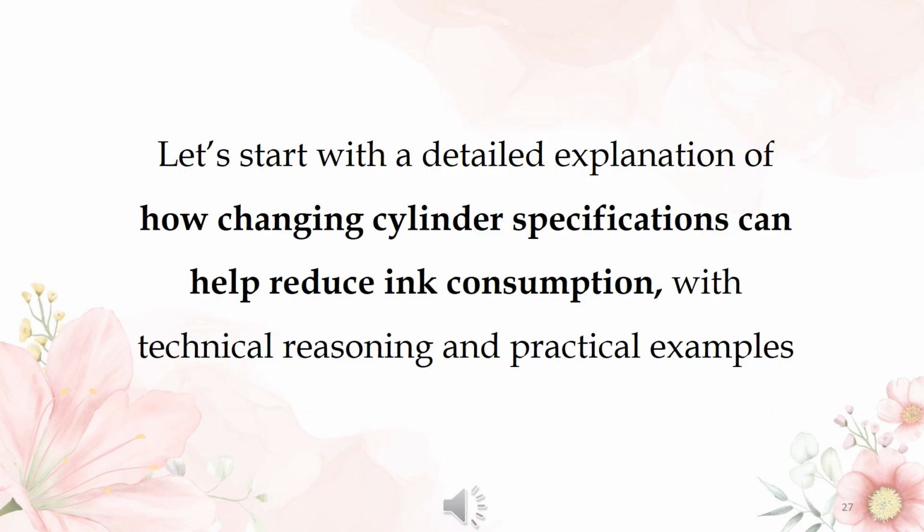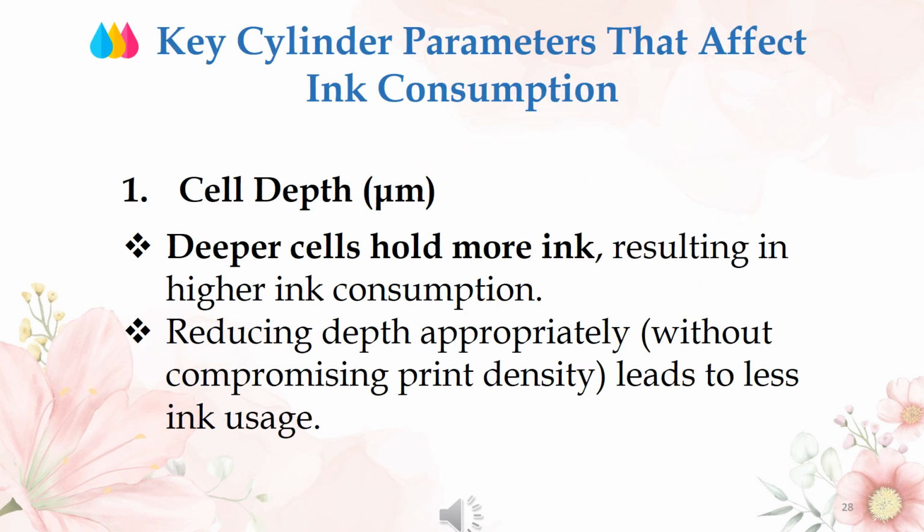Let's start with a detailed explanation of how changing cylinder specifications can help reduce ink consumption, with technical reasoning and practical examples. Deeper cells hold more ink, resulting in higher ink consumption. Reducing depth appropriately without compromising print density leads to less ink usage.